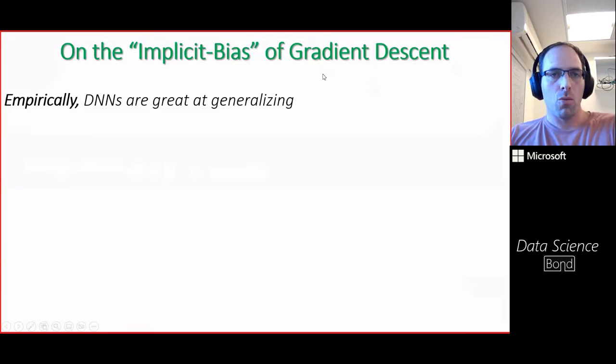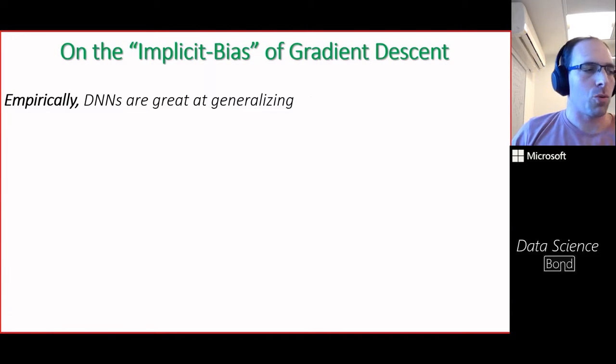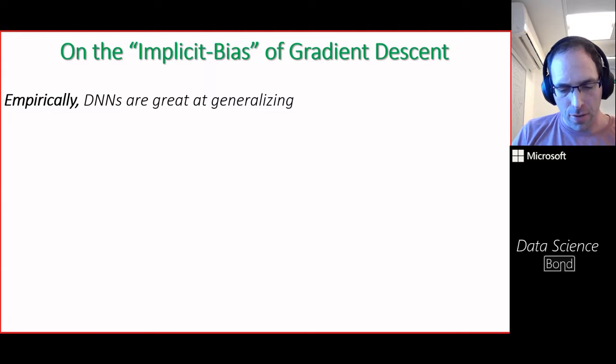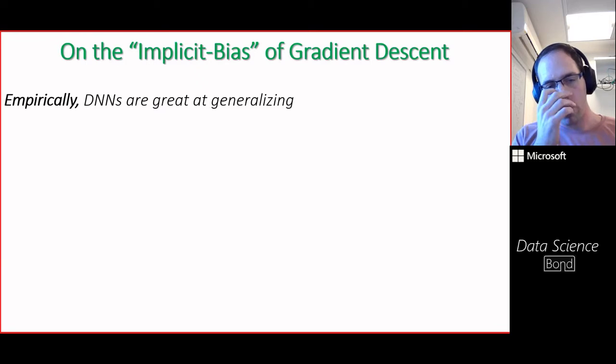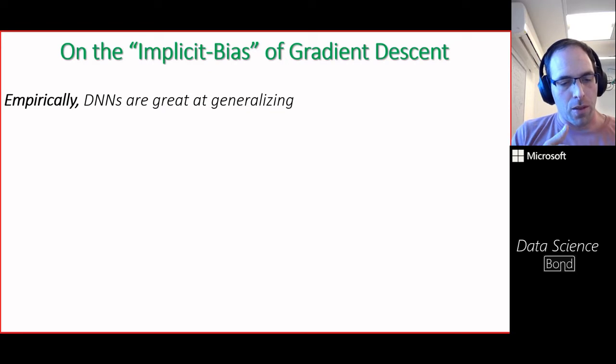Okay, so what is the implicit bias of gradient descent? What exactly is this, where does it come from? It all starts from a question, or from empirically seeing that deep neural networks, when you train them on some dataset, can fit your training data and get zero training error, with basically an infinite number of solutions that can fit your training data.